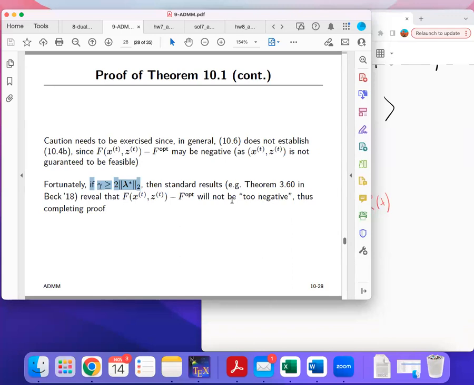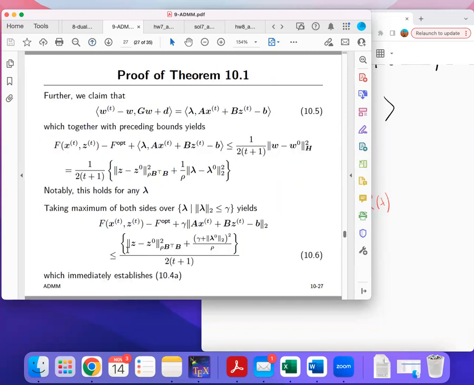So we can develop some bounds on this gap, and then plug in those bounds back into this inequality. Imagine you can move this term to the right hand side, and then you will have a bound on this constraint violation.